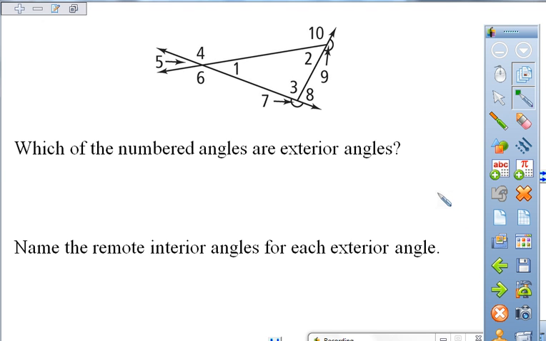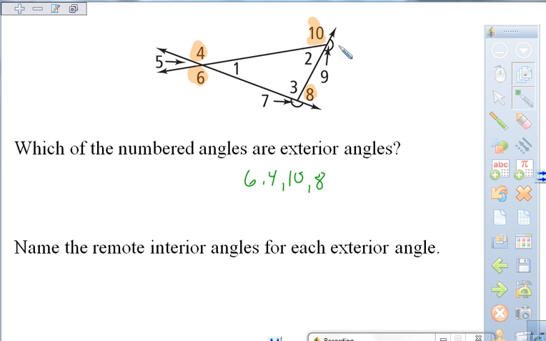Which of the numbered angles are exterior angles? I would say that the only ones are 6, 4, 10, and 8. 5 is not truly an exterior angle, it's vertical with 1, and 9 is 180, 7 is 180, so I would not include those.